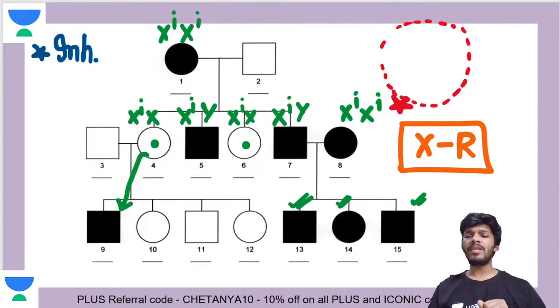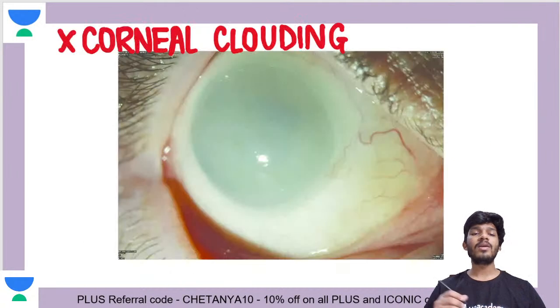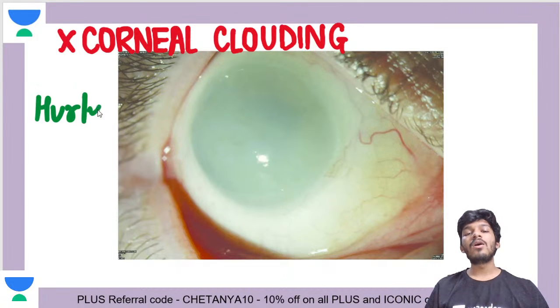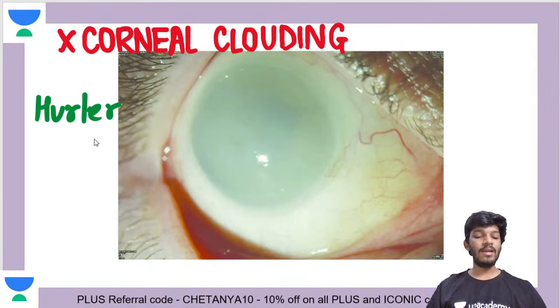Now the second thing is regarding this feature. I told you, if you remember, that a hunter requires very good vision. Now correlate that with Hurler disease, where there was a symptom called corneal clouding.